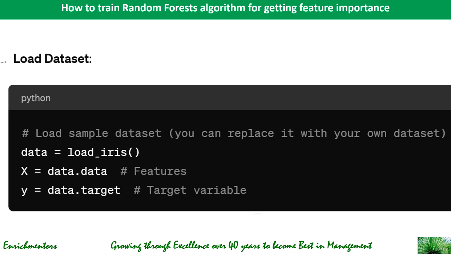Having imported, then you need to load your data set. And again, there are simple commands that you see here where you can load your data set with an X and Y, X becoming the features and Y becoming the target variable.